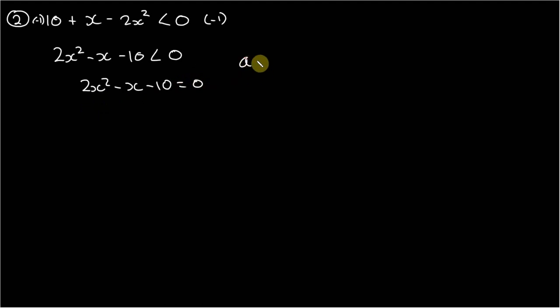And we need to find AC, which will be negative 20. And we need to find what multiplies to negative 20 and adds to negative 1. So 4 and 5 immediately stands out. And if we set 5 to be negative, this will multiply to negative 20 and then add to negative 1.